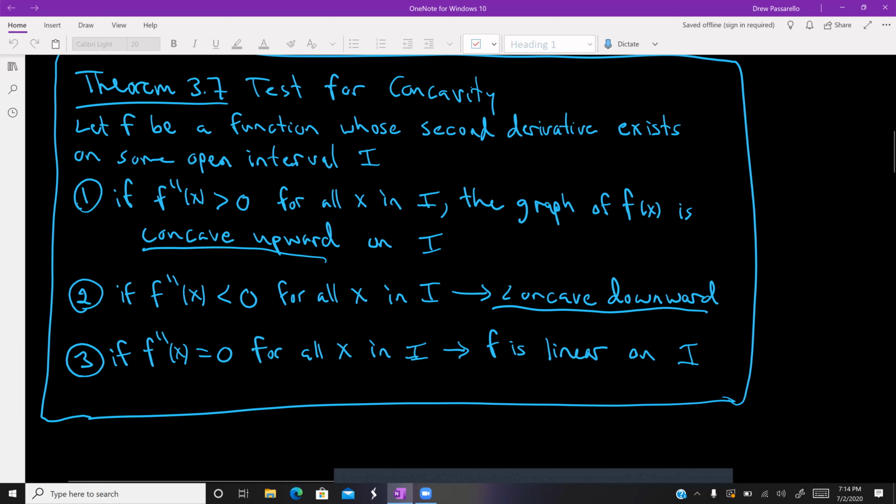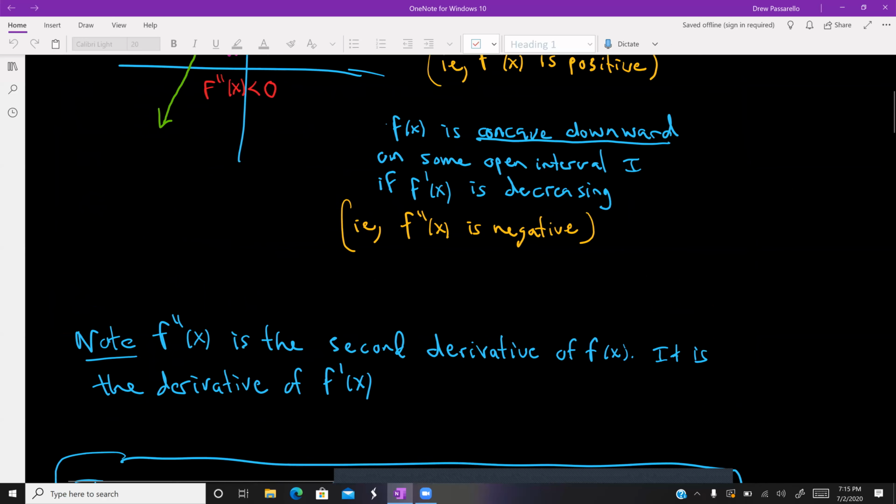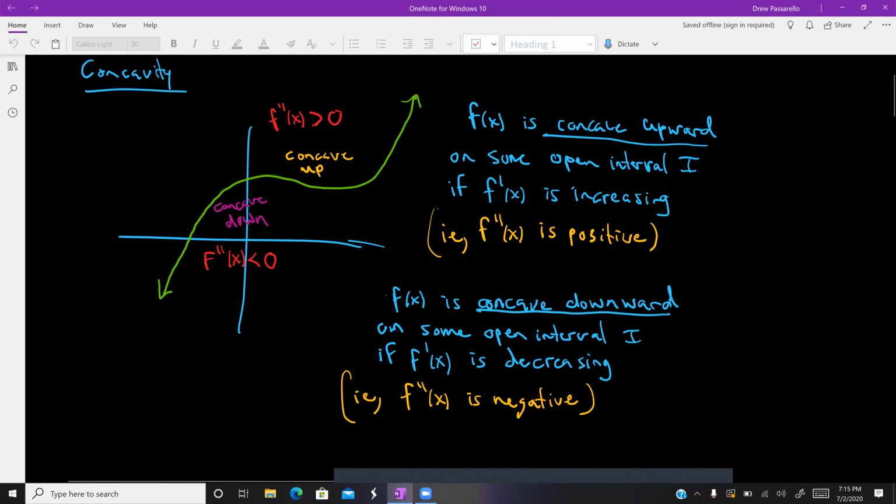That's going to mean the graph of f is linear, so it's basically a line. Okay, and I've already talked about that, so that theorem pretty much reinforces what I have in this picture. Concave up, second derivative is positive. Concave down, second derivative is negative.